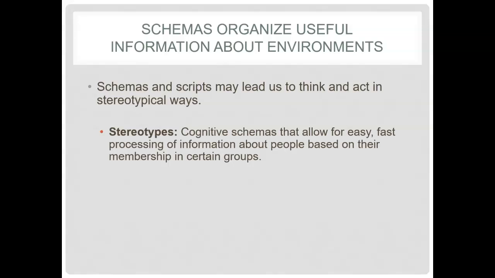A stereotype is really any type of category for human membership, or also animal group membership. When I use the word stereotype and when I'm talking about schemas, we're just looking at how our schemas do lead us to create stereotypes of different groups of people based on their group membership.